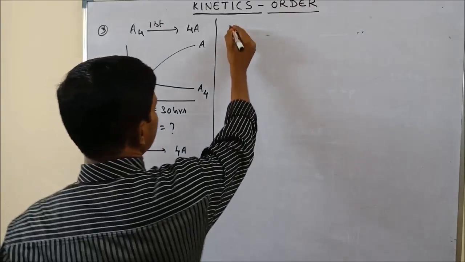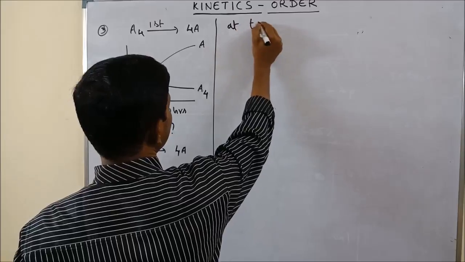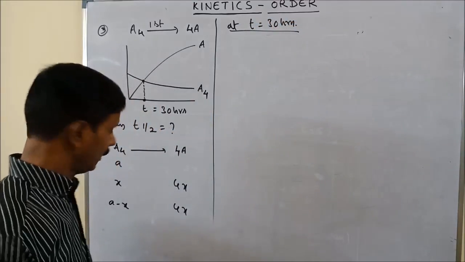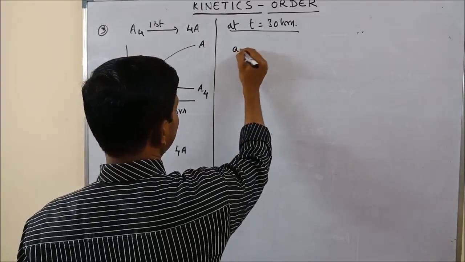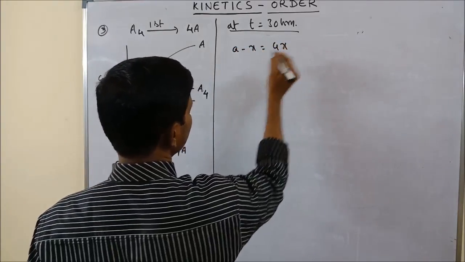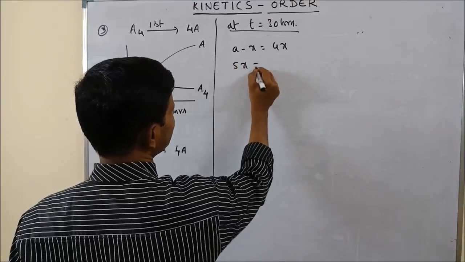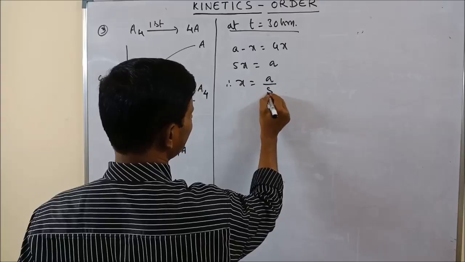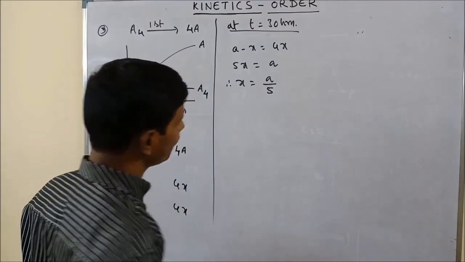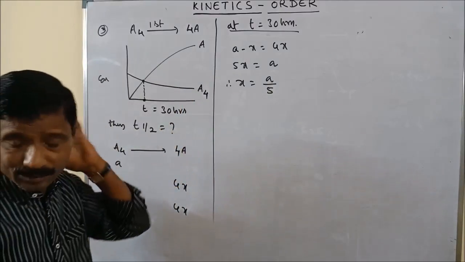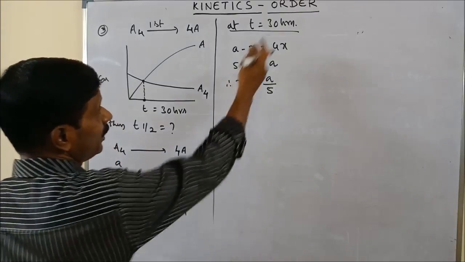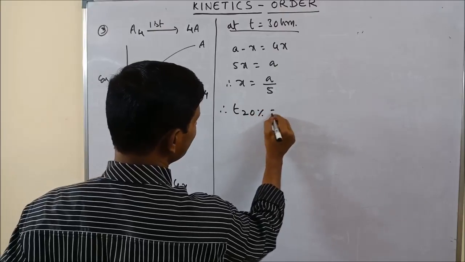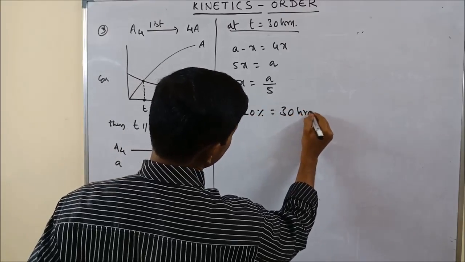Now at 30, meaning at t equal to 30 hours, what is the condition? A minus X equal to 4X, or 5X equal to A. Therefore X equal to A by 5. A by 5 means 1 by 5, that is 20%. So here according to this, T 20% equal to 30 hours.